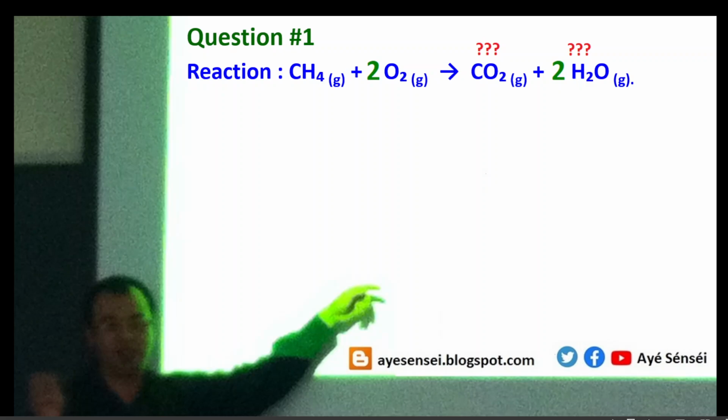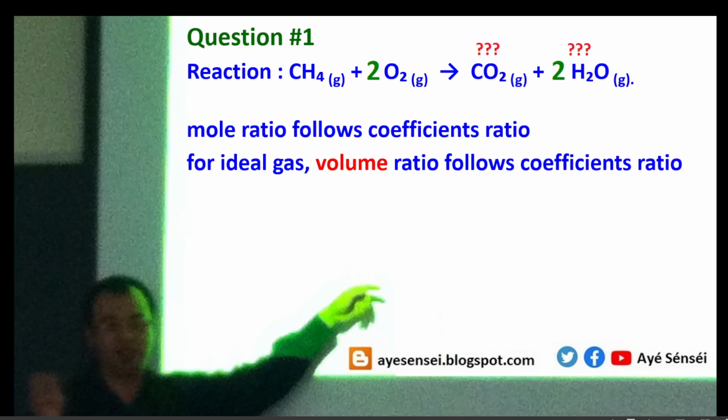For this purpose, please remember that mole ratio follows coefficients ratio. If you pay attention to the phase here, both are in gaseous phase. So by assuming that they are ideal gases, we can say that the volume ratio follows coefficients ratio.